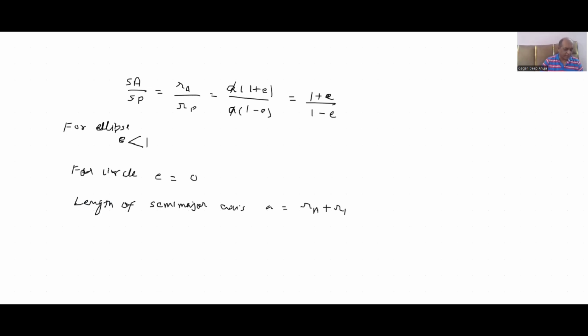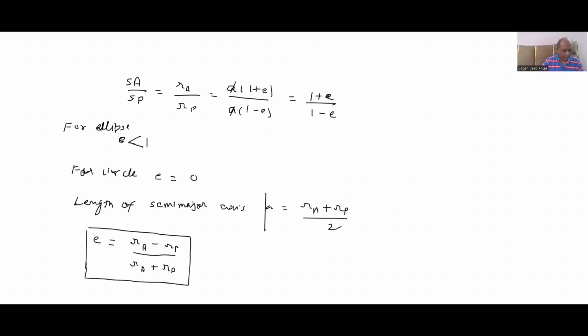And the eccentricity of the orbit is equal to RA minus RP divided by RA plus RP. You can also conclude this relation: A is equal to RA plus RP divided by 2.